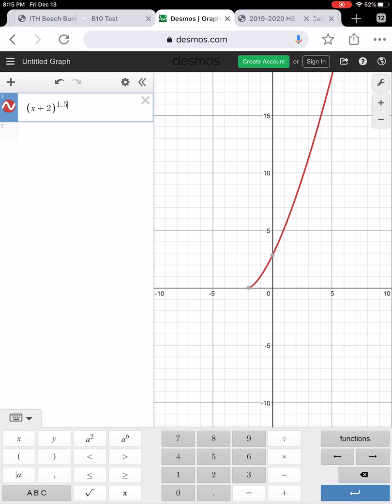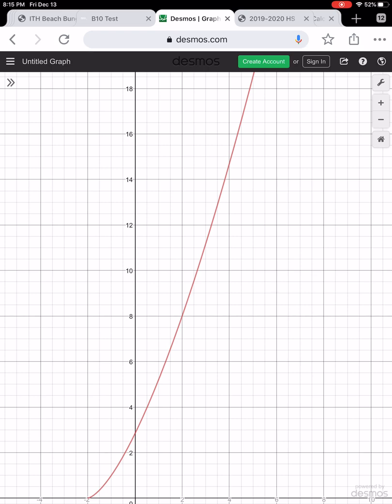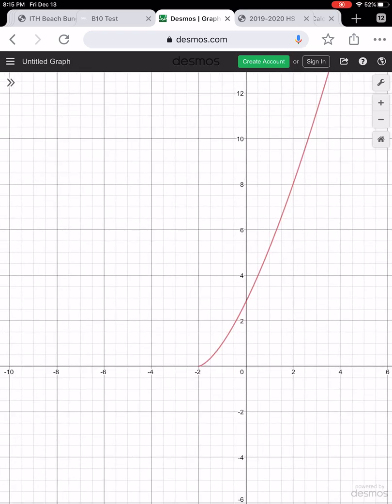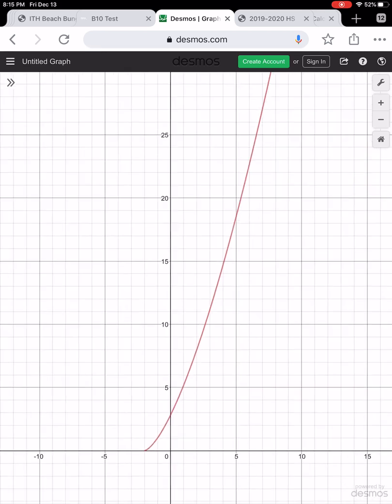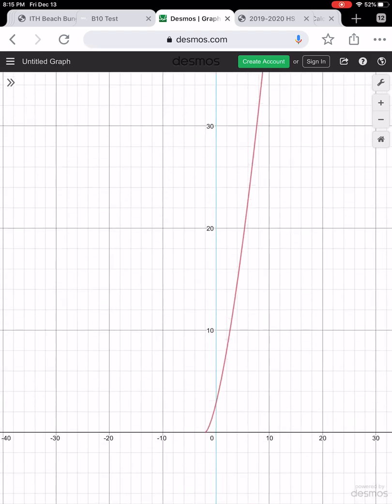When we look at this graph, what we're looking for is whether or not it's approaching a specific value of y. And you can see this is continuing to increase. So I'm not seeing any sort of asymptote on this graph.